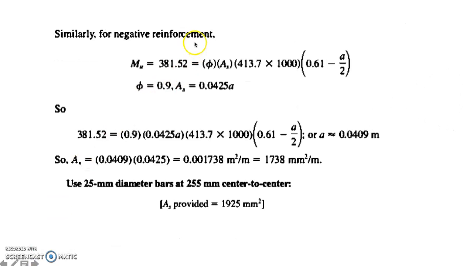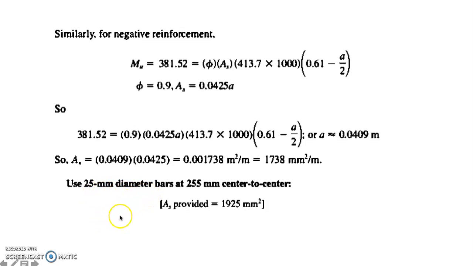Then for the negative reinforcement, of course, same procedure. We get the value for our a based on the equation, which is equal to 0.0409 meters, then multiply that one. So we now get 1,738 mm squared per meter. Similar procedure: we get the area of one steel bar, because we're going to use 25 mm.